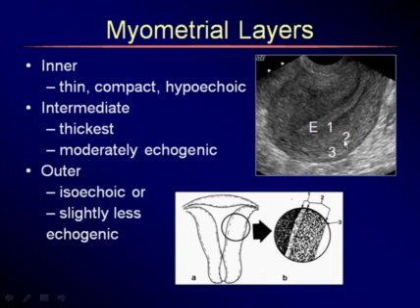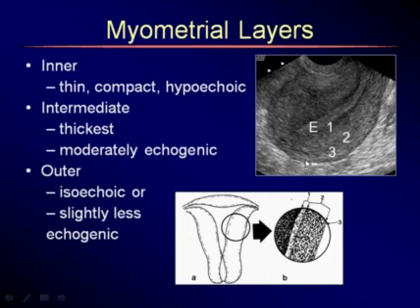Then comes the thickest part of the myometrium, where the muscle is. It's moderately echogenic and where various circular and longitudinal muscle is located.